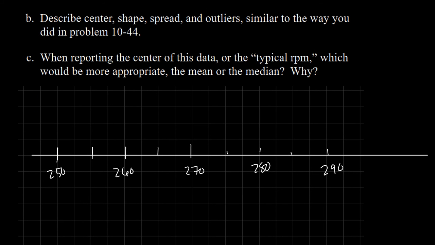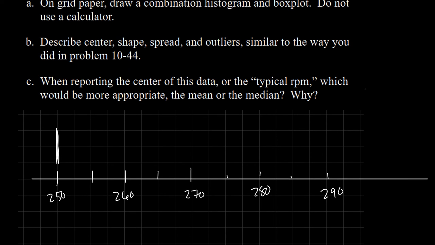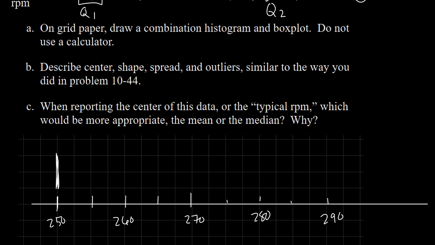So I know my minimum value is at 250, so I'll put a line at 250. That's my minimum. Q1 was 253, so here's 255. So 253 is about here.